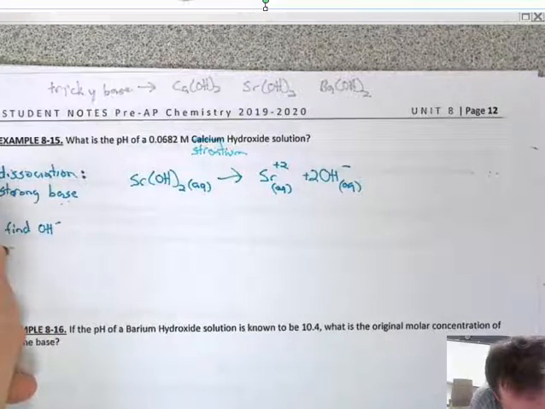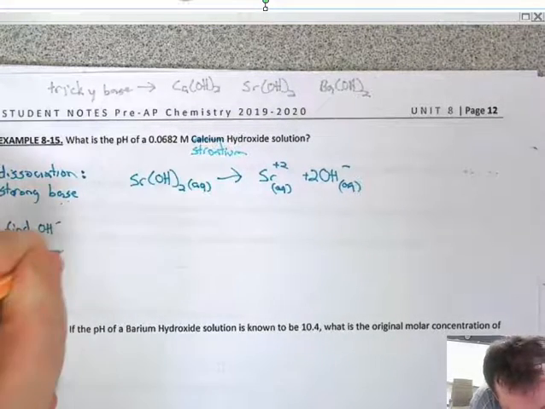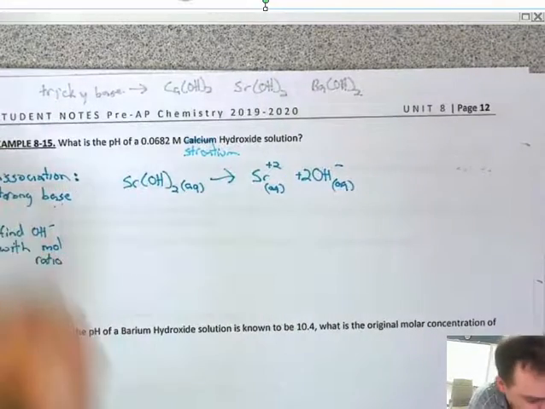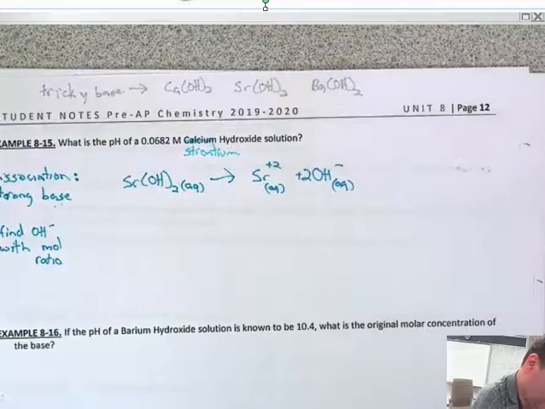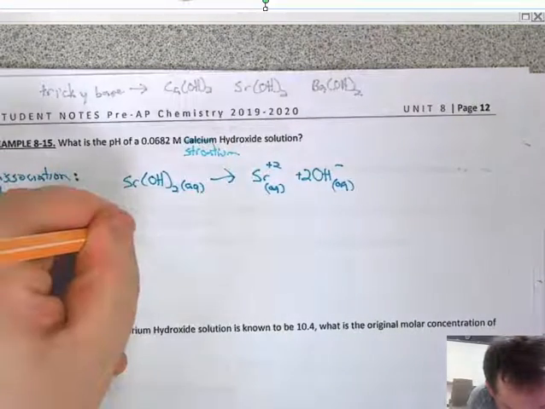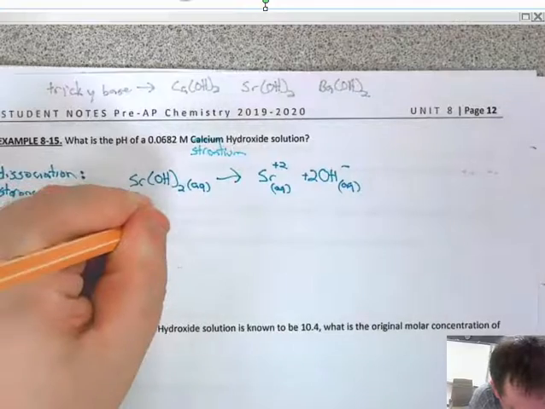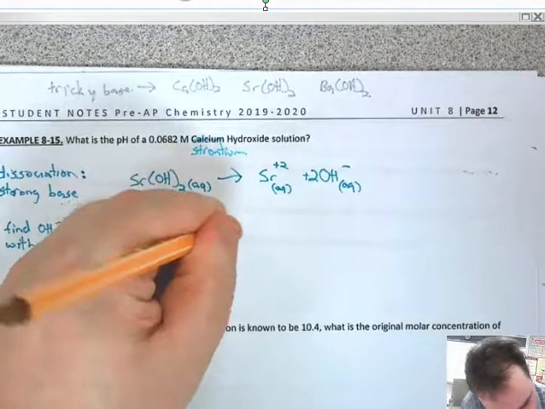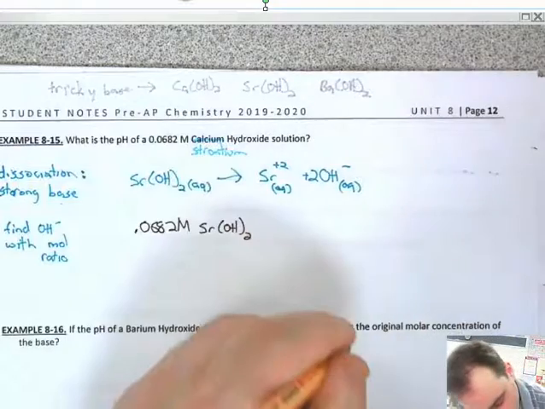Okay, so next thing we have to do is find OH minus with a mole ratio. Because you know I love my mole ratios here. So in this question here, we are starting off with 0.0682 molar strontium hydroxide.